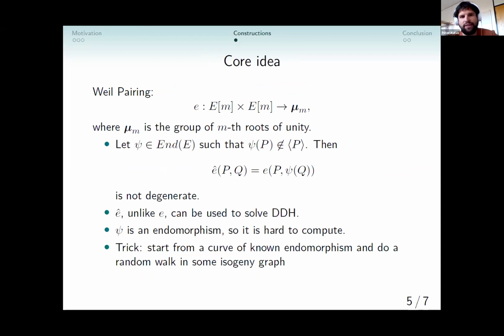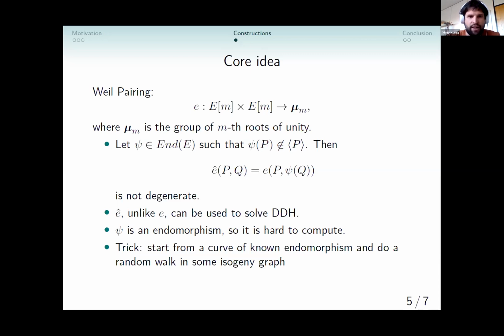Let me give a brief discussion about the core idea. Let's start from the Weil pairing on an elliptic curve. That is a bilinear pairing, but unfortunately it is degenerate on any cyclic subgroup. However, there is a modification of the Weil pairing by taking some non-scalar endomorphism psi and defining the pairing e-hat(P, Q) as e(P, psi(Q)). This modified Weil pairing will actually be non-degenerate on the cyclic subgroup generated by P. So this does help solve DDH, but it's usually really hard to compute non-scalar endomorphisms on elliptic curves.